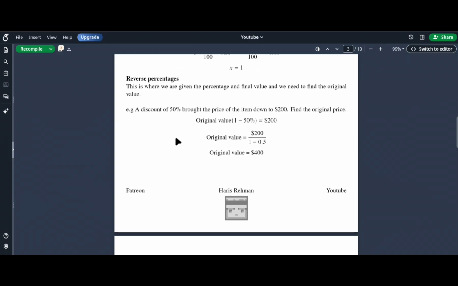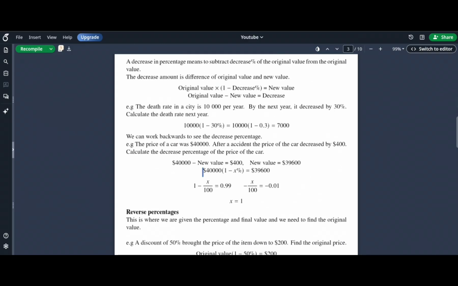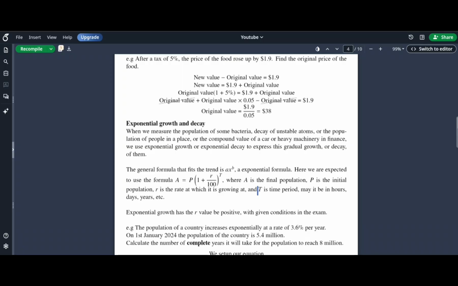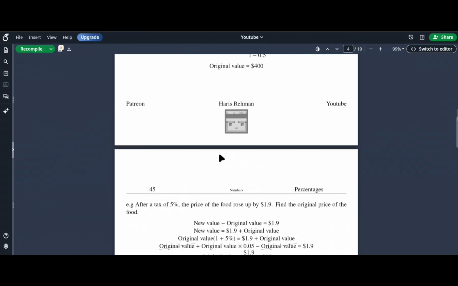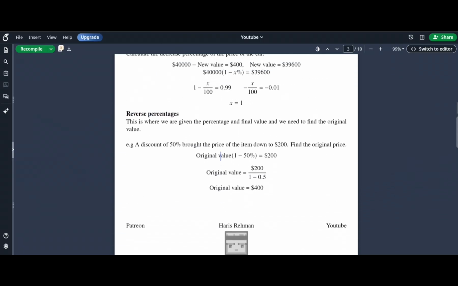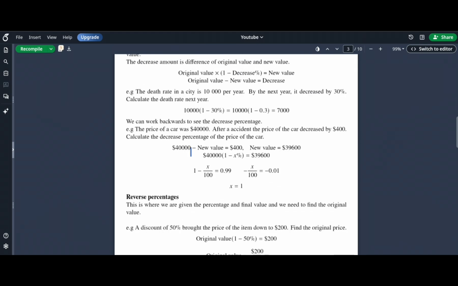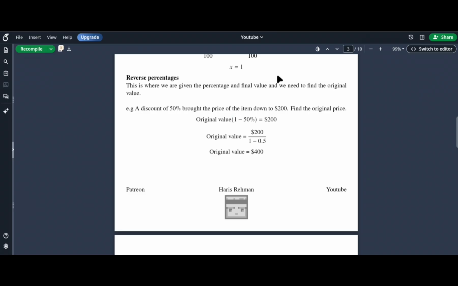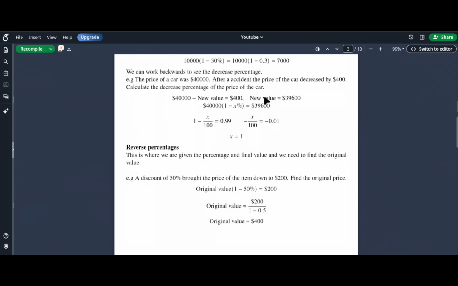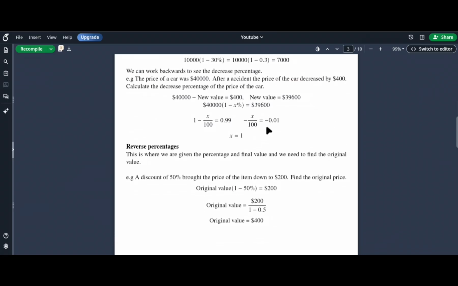Reverse percentages. Okay, you think that this step is reverse percentages? This is where we are given the percentage and the final value, and we need to find the original value. We can count this as a reverse percentage technically, but this is a bit different, where you find the original value, then the percentage change.